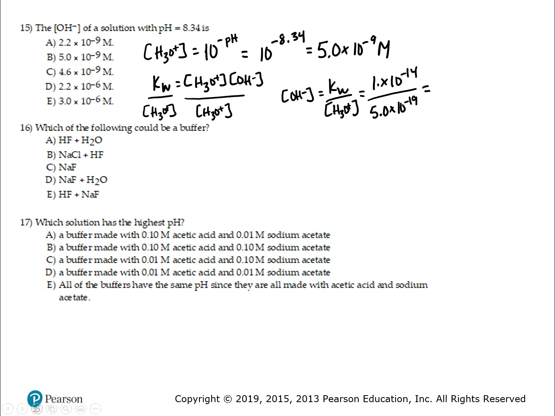Oops, that should not be minus 19. Should be minus 9. And once you do that division, you should get 2.2 times 10 to the minus 6 molar, which is D.